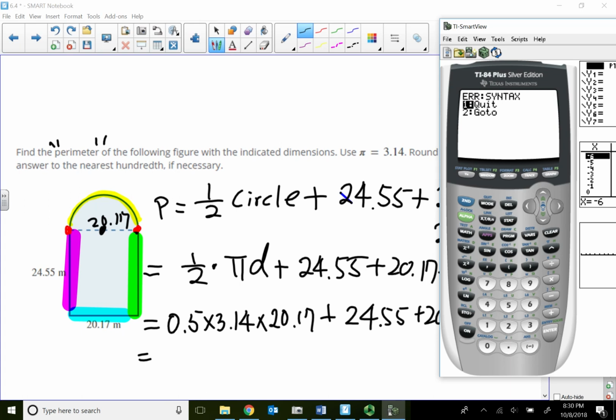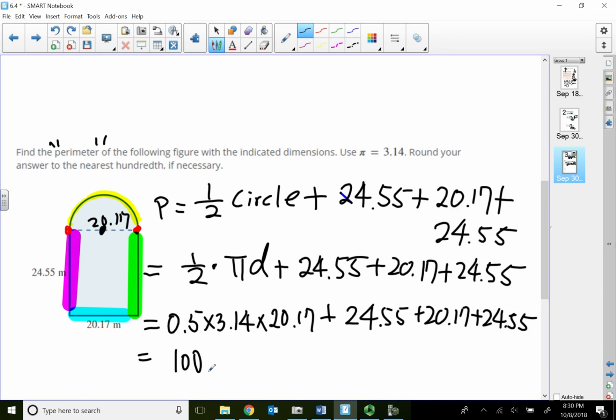Oh Lord, typing something wrong. Hold on a minute. 20.17 plus 24.55. All right. 100.34. Round to nearest hundredth, 100.34. All right, perimeter again, so that'll be meter to the first power.